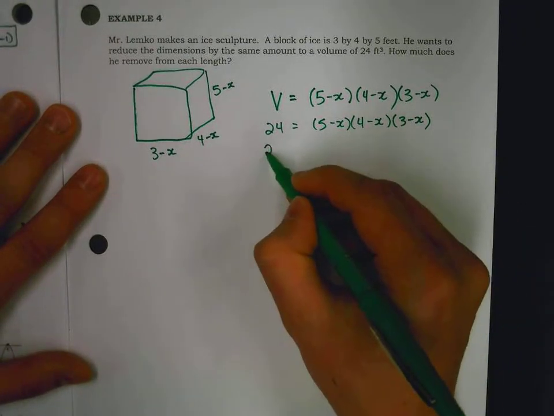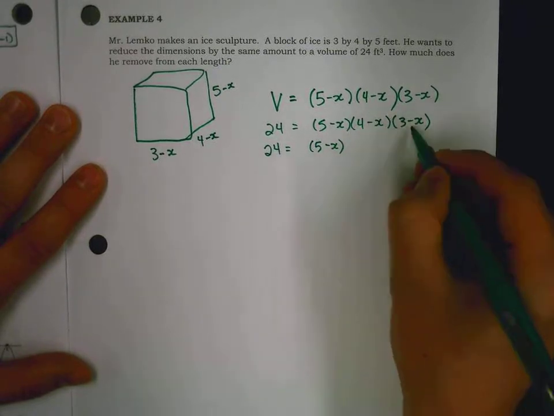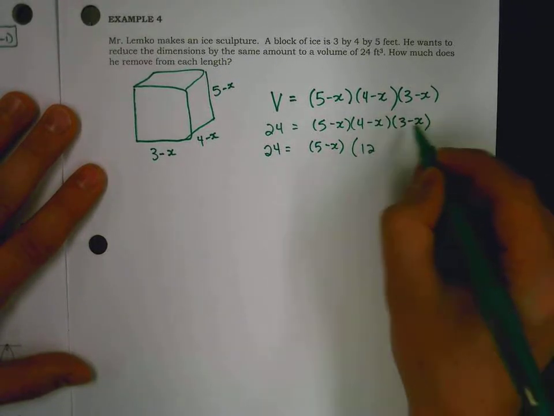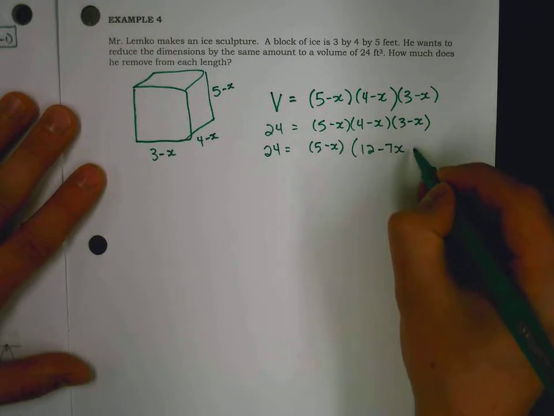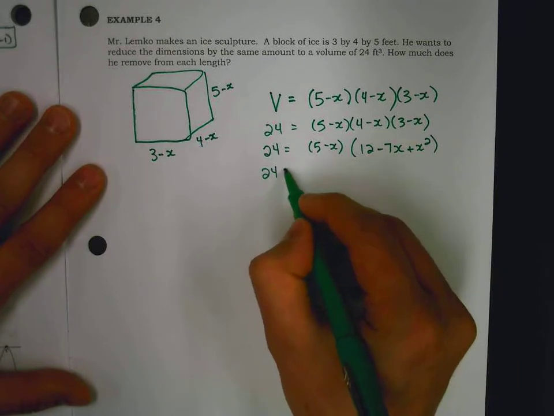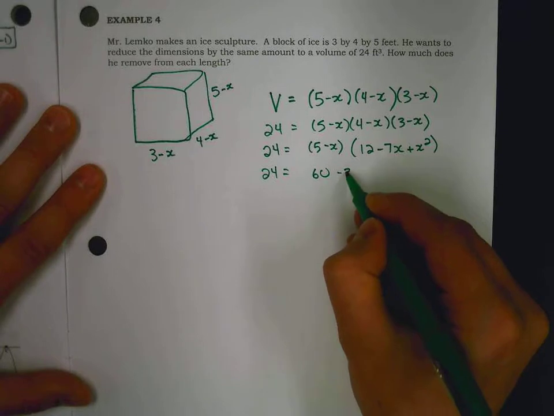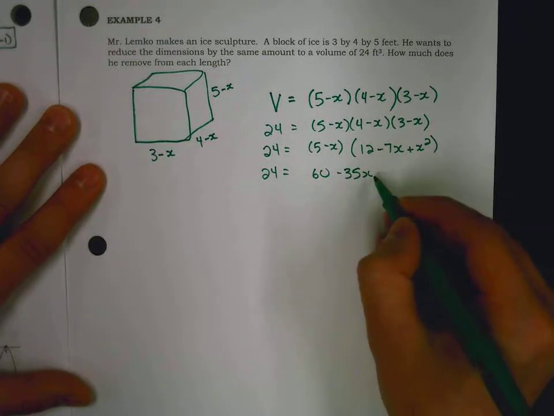So as we expand the function on the right, we've got 12 minus a 4x minus a 3x plus an x squared. And then we've got a 5 times a 12, 5 times a negative 7x, and a 5 times a x squared.